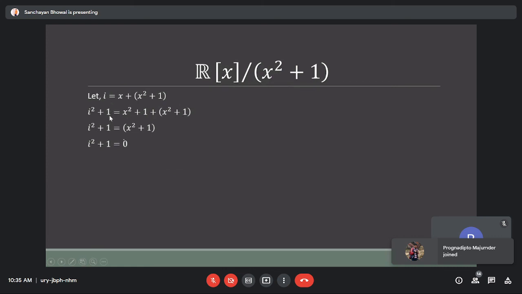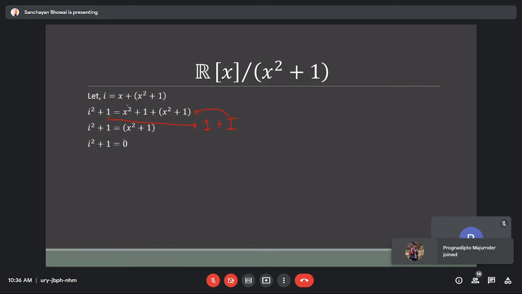This is not the one in R[x], this is the one in R[x] mod x square plus 1, the 1 plus I, where I is x square plus 1. So I multiply i with i to get x square plus 1, and I add 1 plus I to it, and I get this thing.